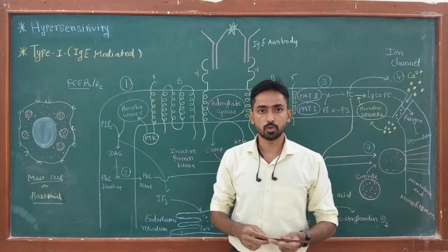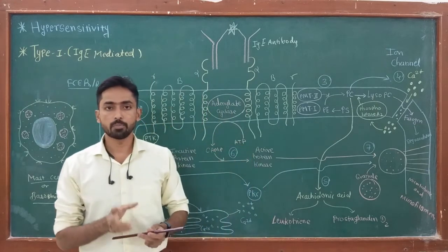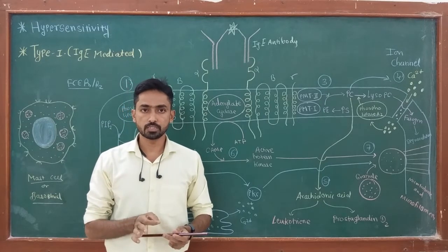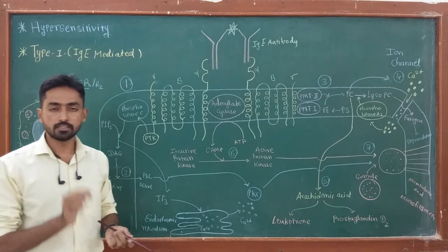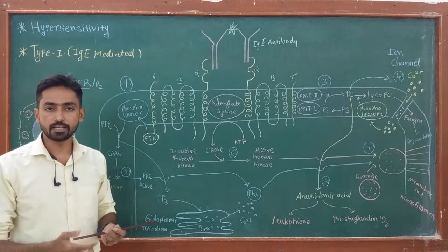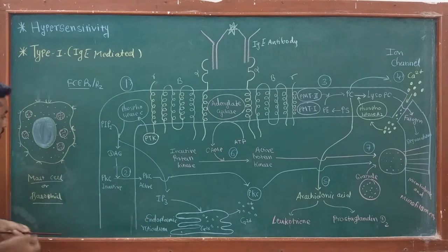Now in my last video I discussed in detail the mechanism by which type 1 hypersensitivity reaction occurs. The most important step is sensitization of the mast cell or blood basophil cell and then degranulation of that particular cell. What is degranulation? Suppose this is a mast cell.